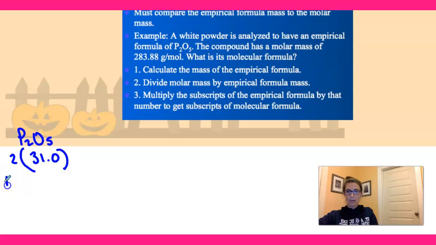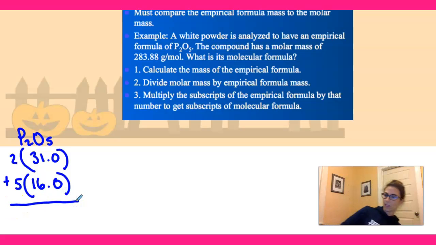Okay, and then we're going to add that to 5 times the atomic mass of oxygen, which is 16.0. So we need a calculator here. And that gives us 142.